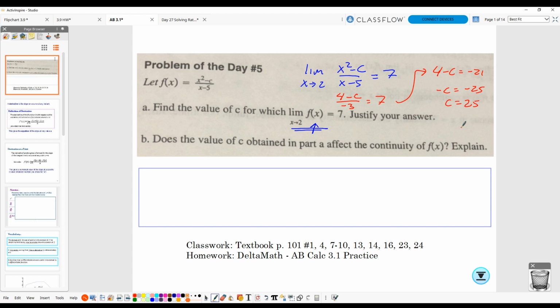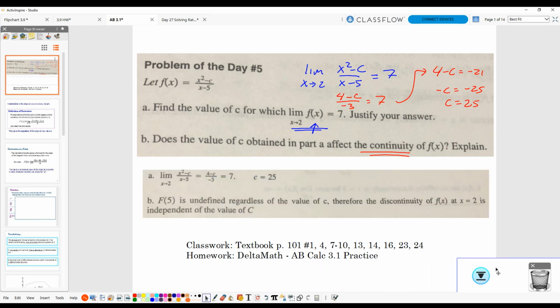We were able to find a value. Does that mean that the function is continuous at that value? Doesn't matter that we were able to fill things in, plugging in that 25.